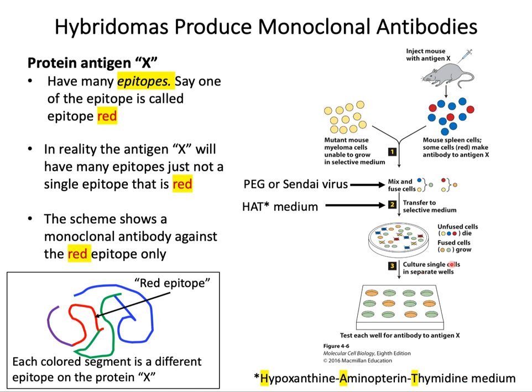Now, each of these fused cells, known as hybridomas, is separated in single wells in the cell culture and tested for the monoclonal antibody against the red epitope. That specific hybridoma cell clone producing the specific monoclonal antibody is now immortal and will be a permanent source for the production of the monoclonal antibody in research labs or industry, and can even be distributed to different laboratories.